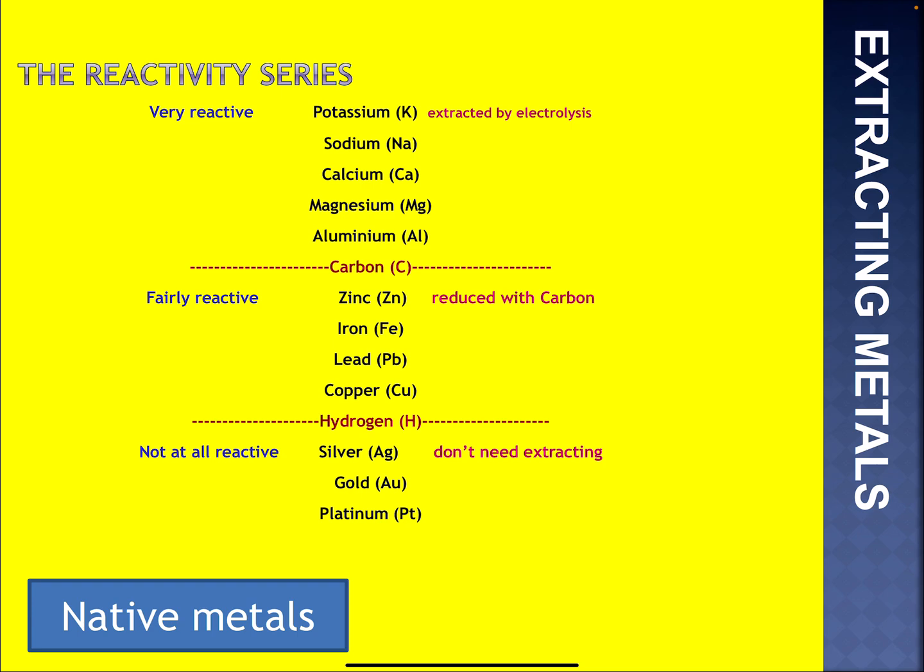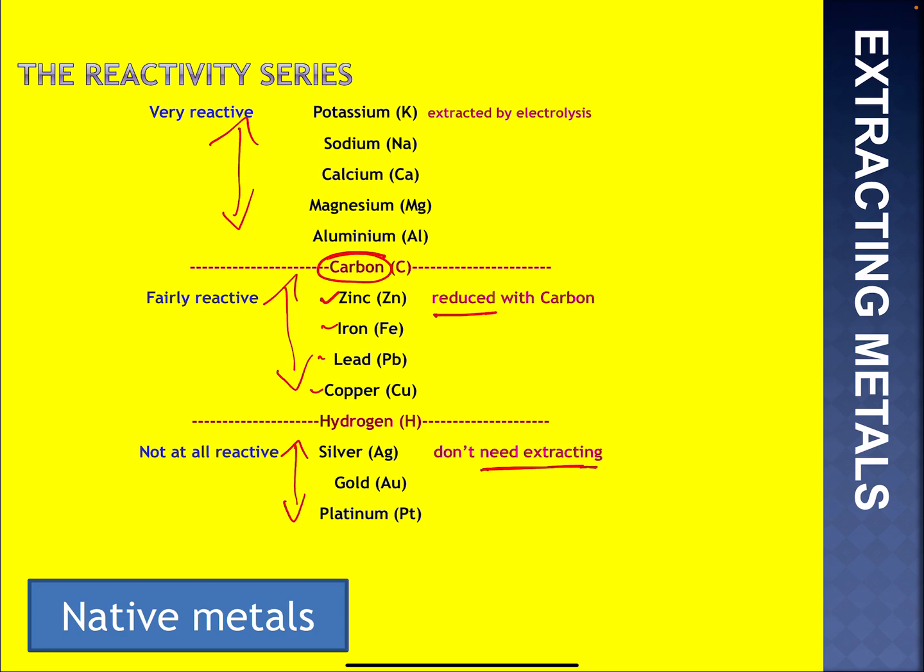So this is a reactivity series, you can see that. You've got the most reactive metals at the top here. Then semi-reactive, and then these do not react at all, more or less. So they don't need extracting, they're found as the metal themselves, found as native. Whereas these metals, zinc, iron, lead and copper, are less reactive than carbon, so they are reduced with carbon.